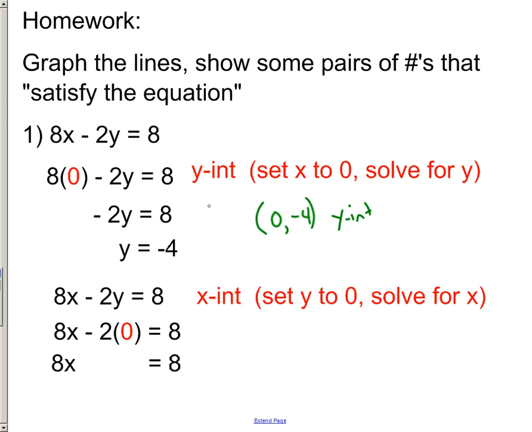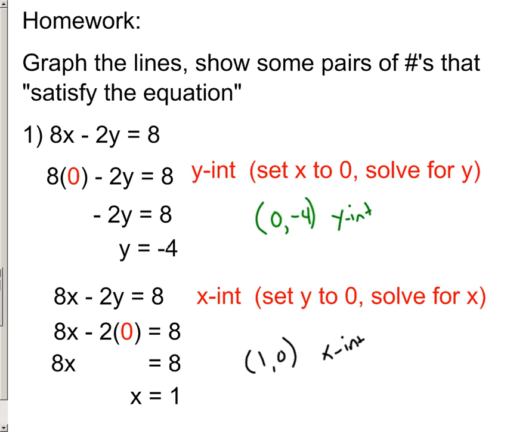So if you wanted, you can put the 8x a little bit closer there. That's fine. Divide both sides by 8, and next thing you see is that x is equal to 1. So what are the coordinates for the x-intercept? The x-intercept, let's see, x is 1 and y is 0.